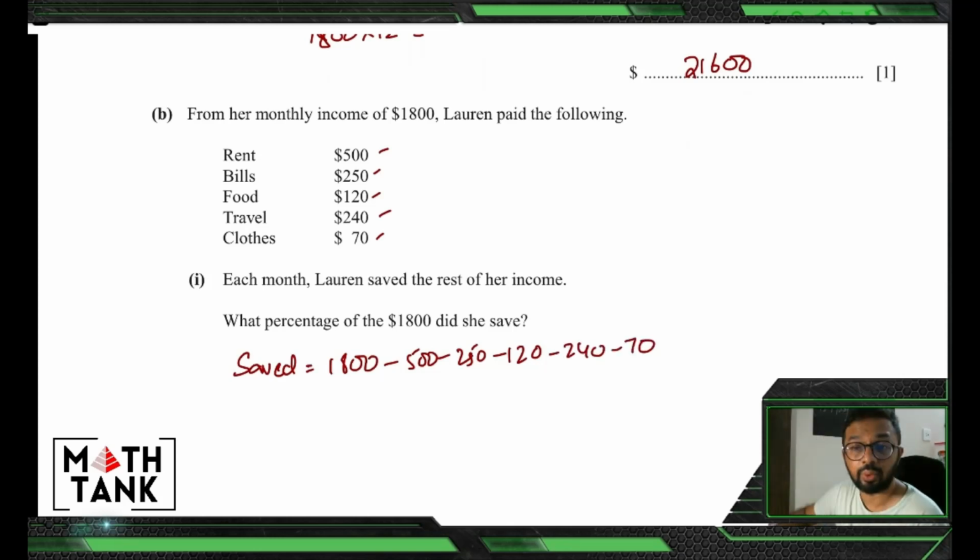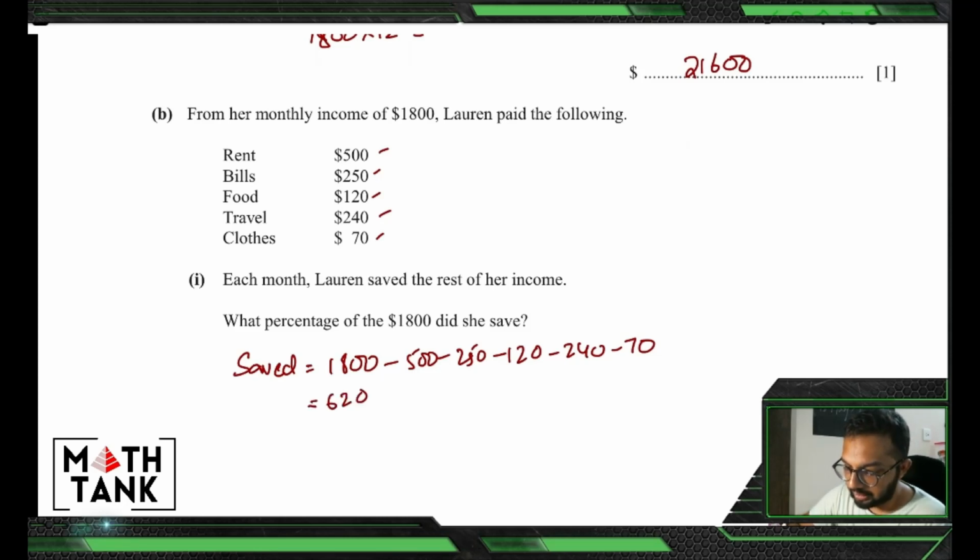You don't really need to show the calculation. You can just do it on your calculator. 1800 minus 500 minus 250 minus 120 minus 240 minus 70. Okay, so I hope I subtracted everything. 620.